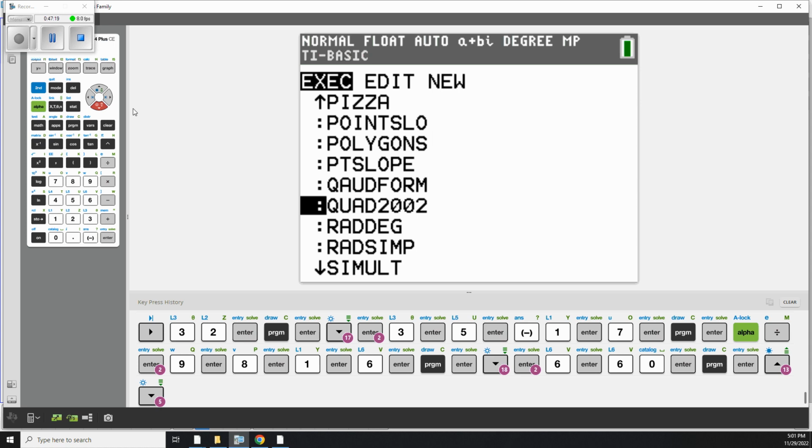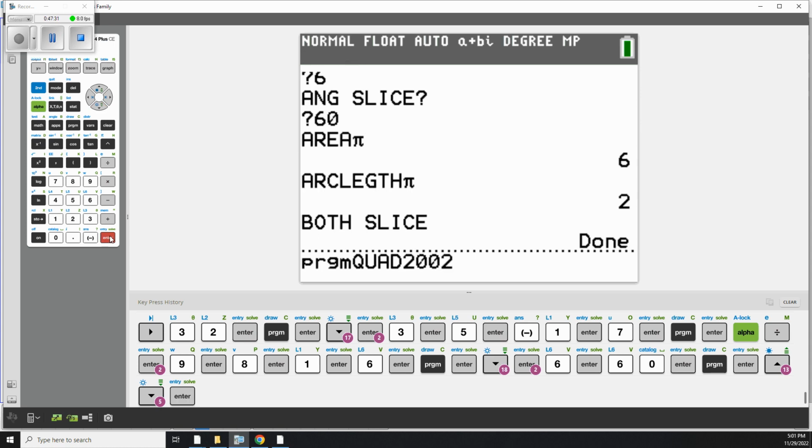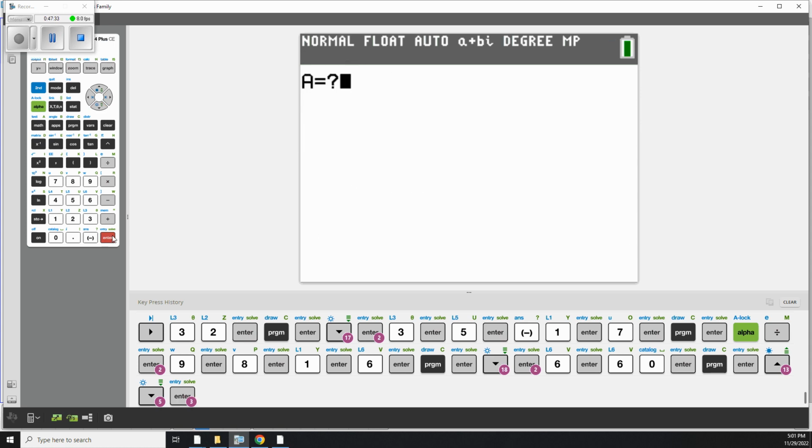Quad 2002 is the quadratic formula. All you got to do is give it the A, B, and C, and it's going to give you the answer. Now, don't scare me this time. Give me an A. 3, thank you.